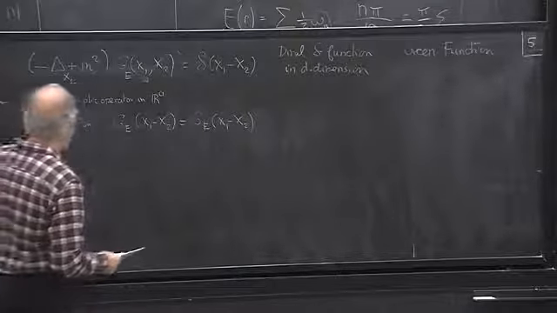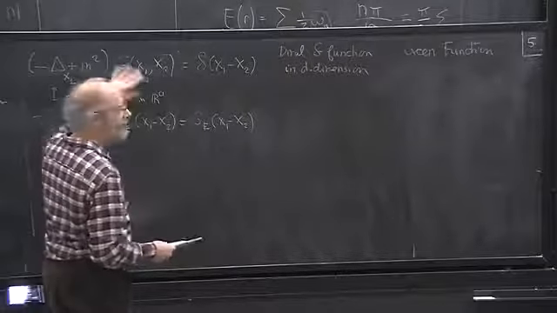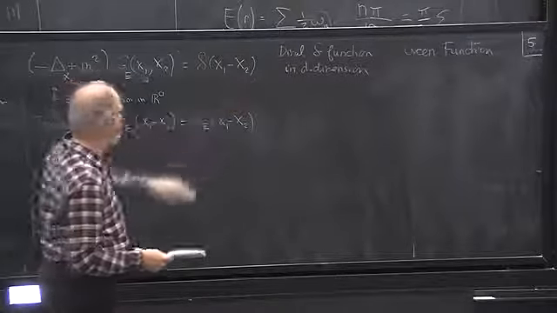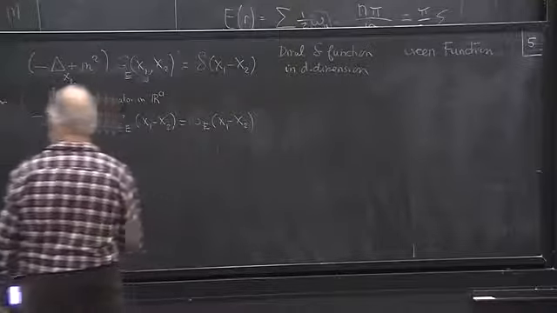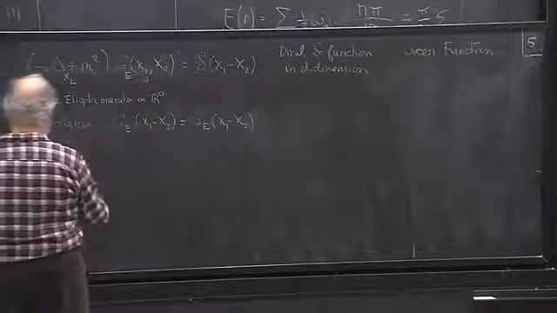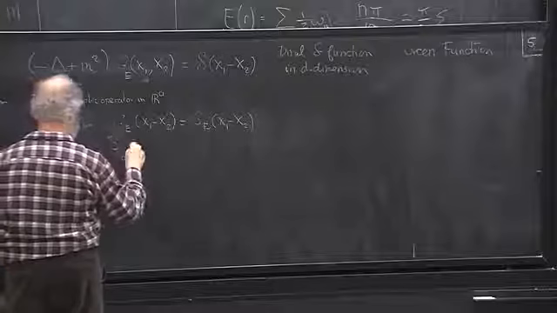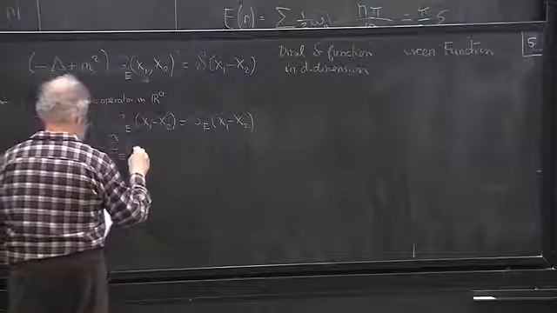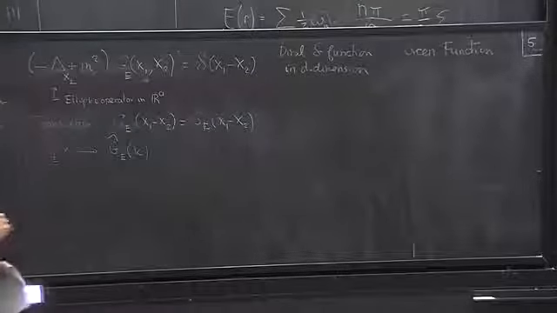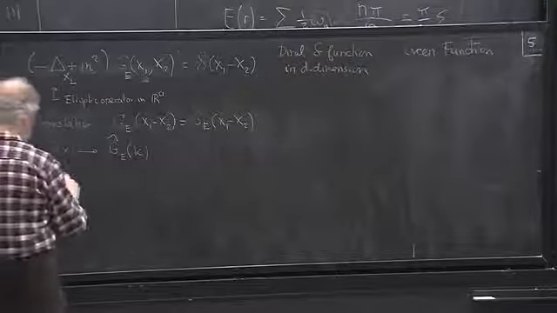Then, if you assume that this is an object that doesn't grow at infinity too fast, you can go from G_E of x to the Fourier transform, G hat E of k.